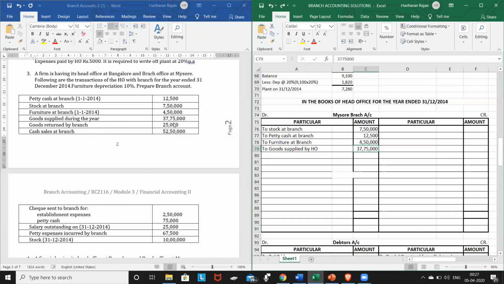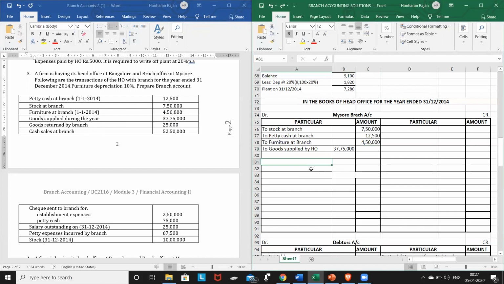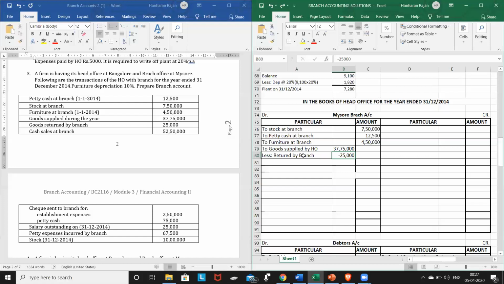If there is a return, let's put it inside then outside. Goods returned for 25,000. So the balance is 37 lakhs 50,000.